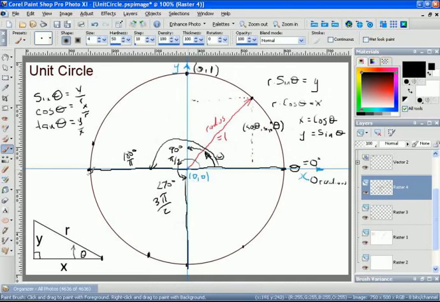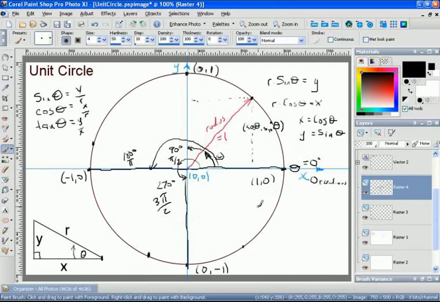If we wanted to know this coordinate here, well, just by looking at the unit circle, we can see it's -1 units in the x direction and 0 units in the y direction. This point down here is 0 units in the x direction and -1 units in the y direction. And this one here for theta equals 0 degrees is 1 and 0, because we traveled 1 in the x and 0 in the y.